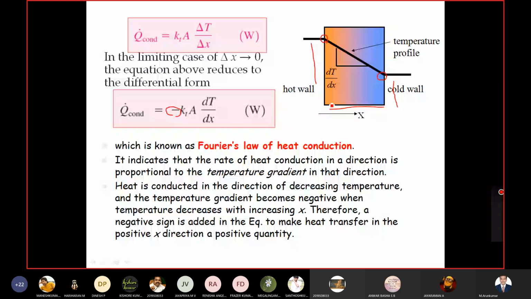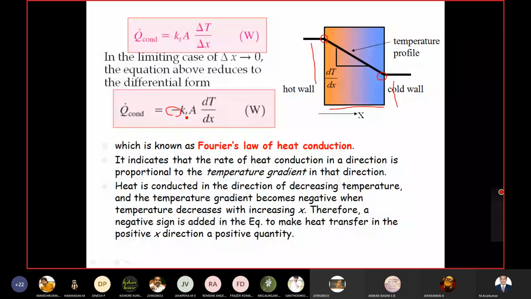So definitely we can get the increasing x. Therefore a negative sign is added in the equation to make the heat transfer in the positive x direction a positive quantity. So just have this equation as Fourier's law of heat conduction with the minus symbol.